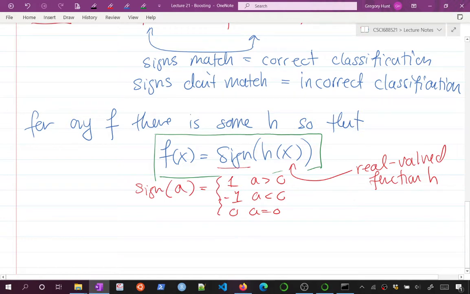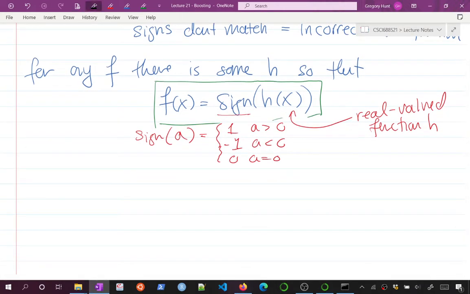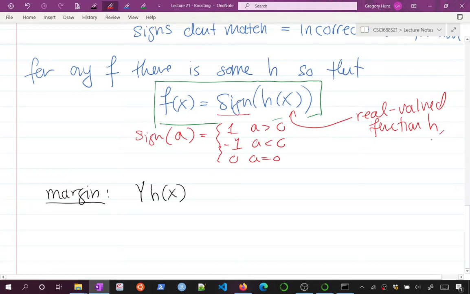And we can look at what is called the margin. The margin for a classifier is y, not times f of x, but times h of x. The idea with this h is that it's a real valued function. H of x is big, hopefully, if y is 1, and h of x is going to be really negative if y is negative 1.